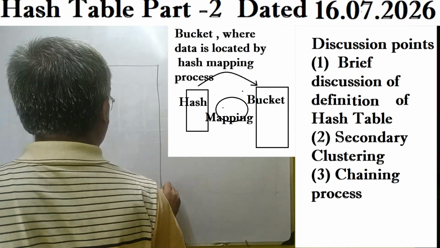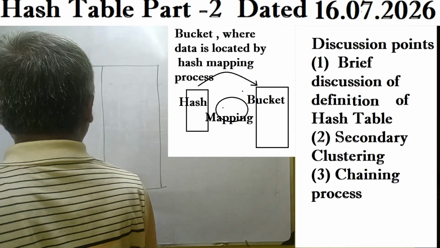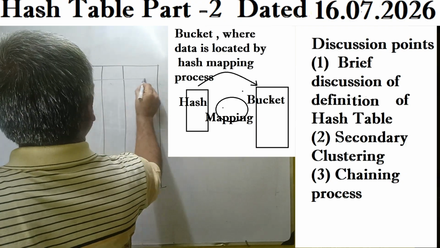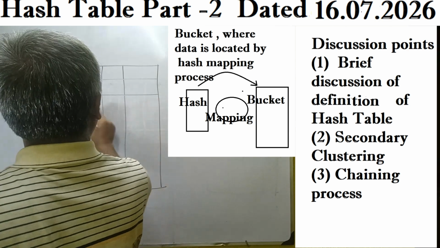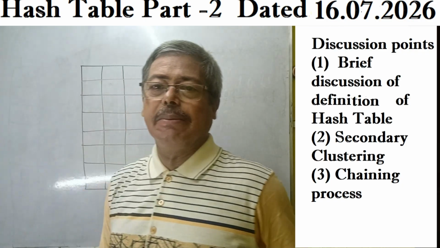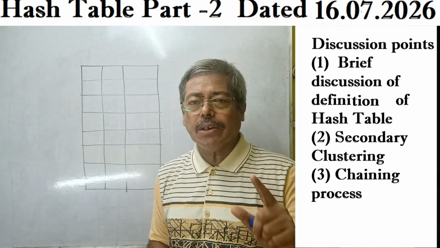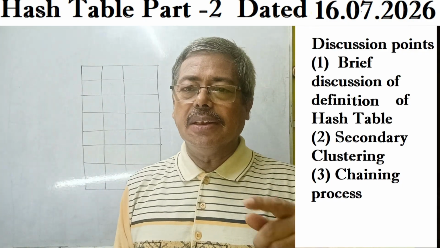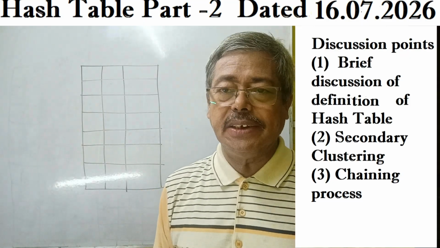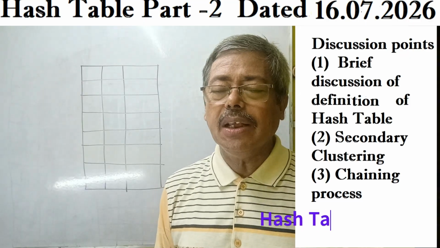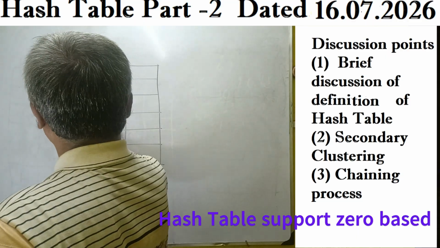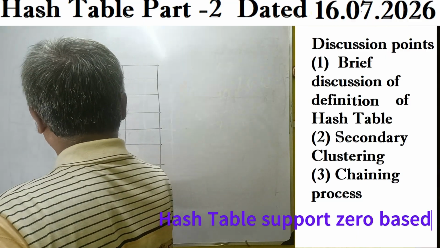This is the hash table and this is the index. This is the data. Each hash table contains a column where the index number is. We know the hash table permits zero-based indexing, and zero-based indexing starts from 0, 1, 2, 3, 4, 5, 6.